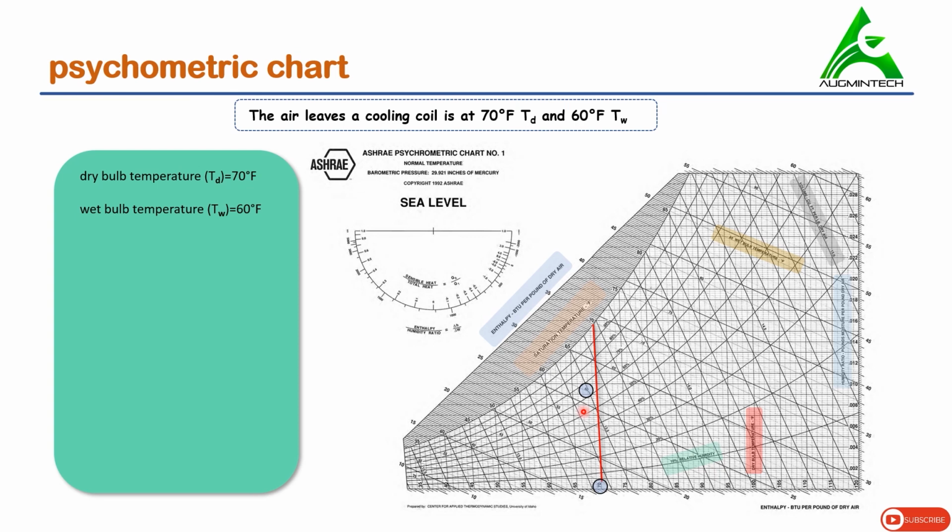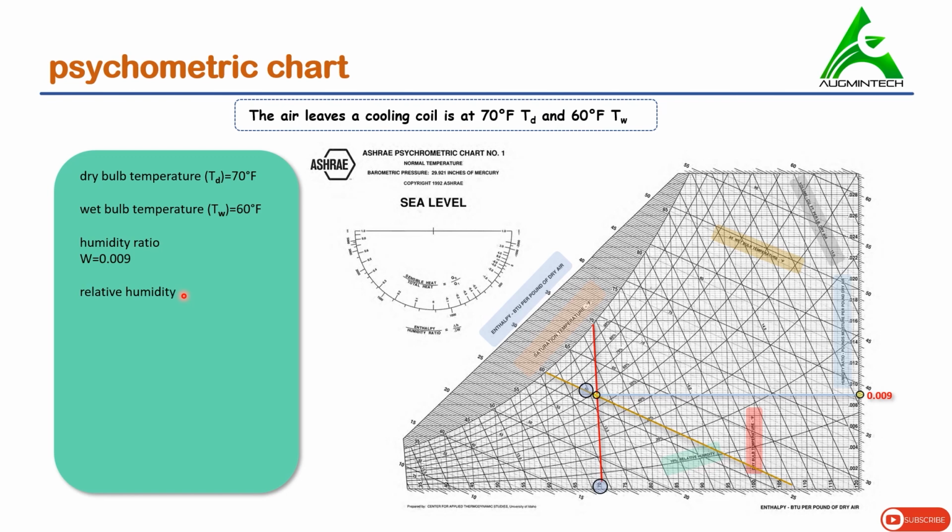We need to draw a line parallel to wet bulb temperature for this value. So this is how that line looks like. These two intersect at this point. Now to find humidity ratio, we draw a line from this intersection point to the humidity ratio line. So we end up getting the value as 0.009, which we'll mention over here.